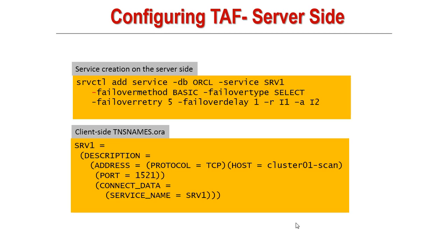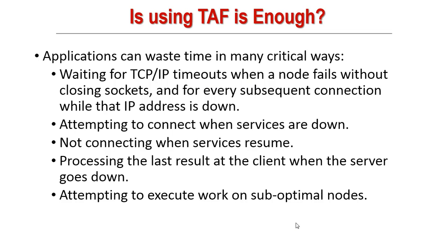So TAF is a timeout based environment, and that is not a very beneficial environment, especially when you are looking to do the failover in a very quick manner or almost right away. This is something which is taken care of by FAN.